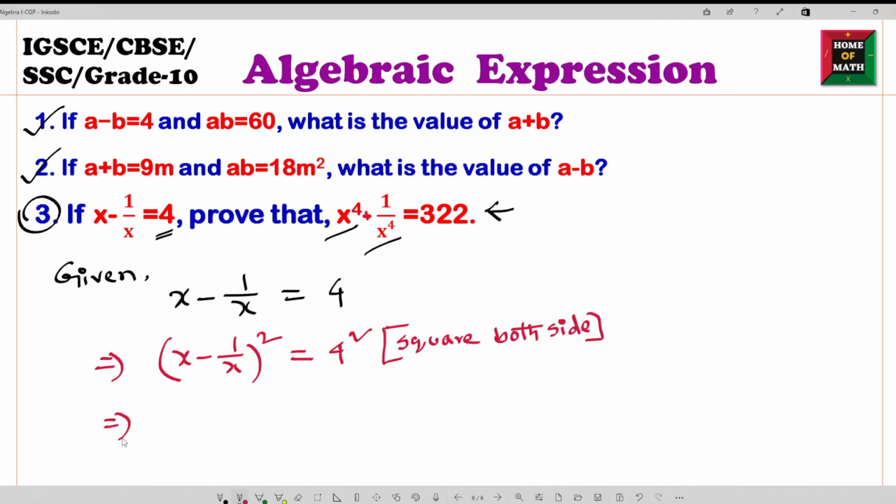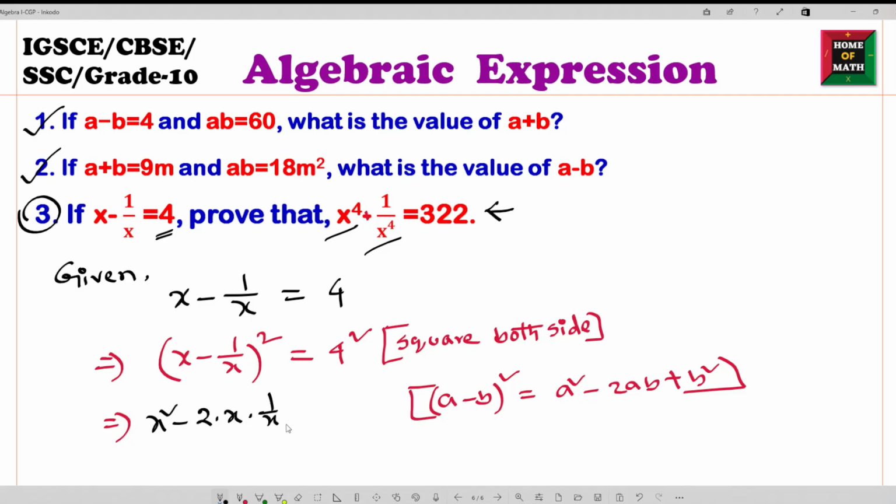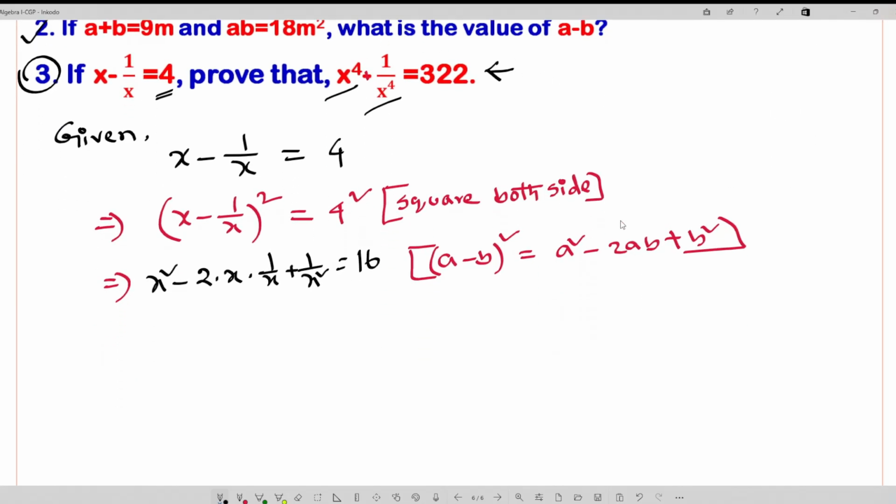Okay, now as per a minus b whole square theory, a square minus 2ab plus b square, we can implement here. So x square minus 2 times x times 1 by x plus 1 by x square equals 16, right?